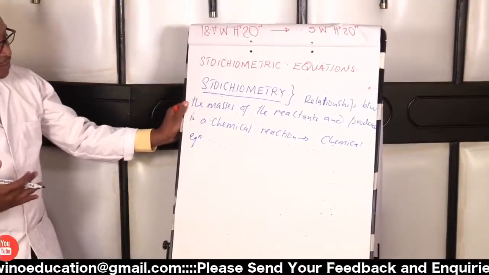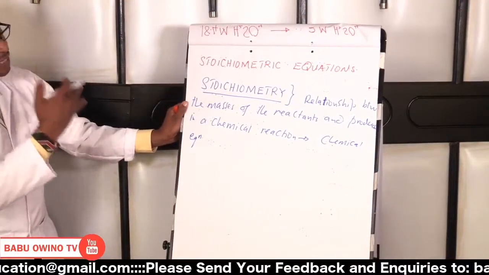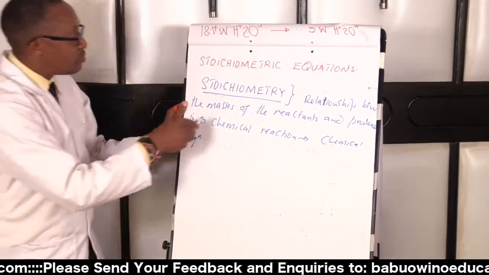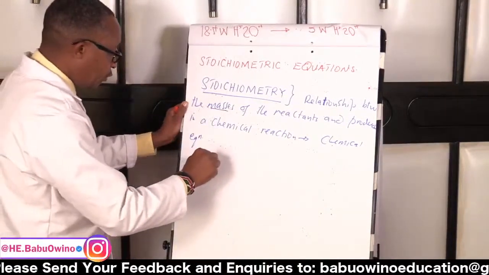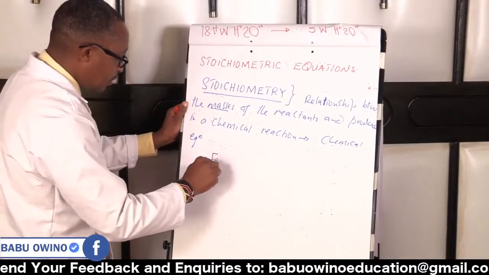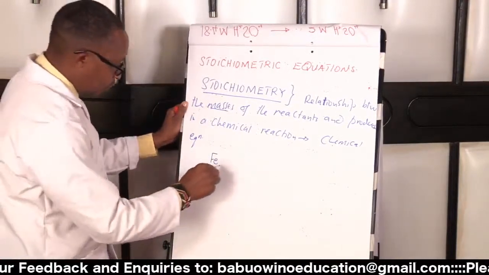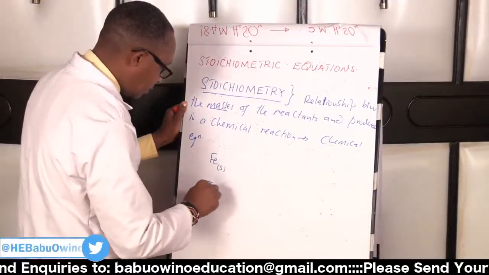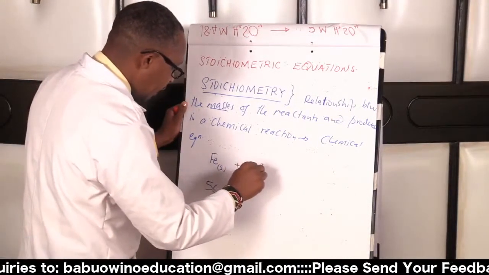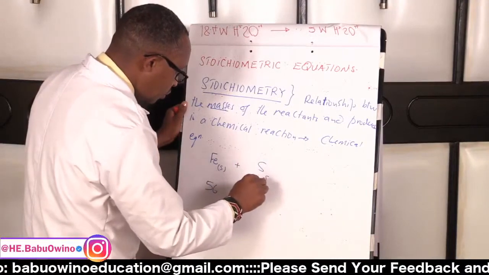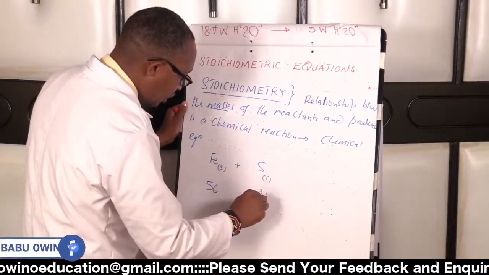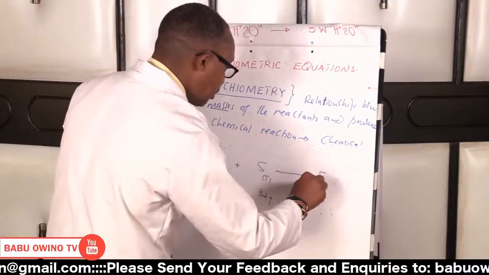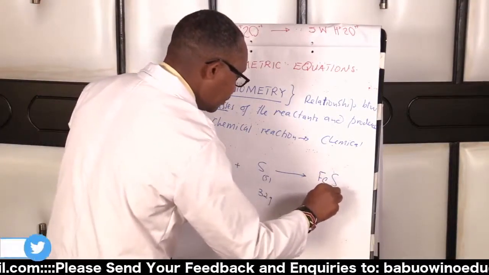So in this study, we are dealing with the relationship between the masses. For instance, if you have iron, which is 56 grams, combining with sulfur, which is 32 grams, the product you will get will be iron sulfide.